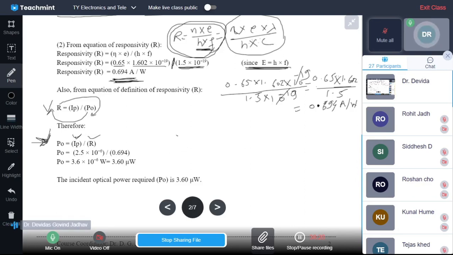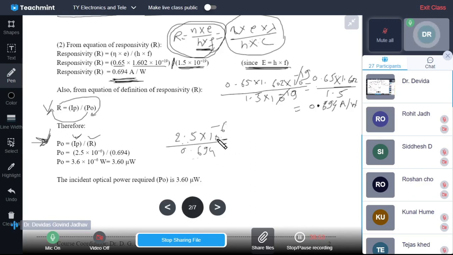So 2.5 into 10 raised to minus 6 divided by 0.694. Keep the 10 raised to minus 6 separately as it is and find out with the calculator 2.5 divided by 0.694.